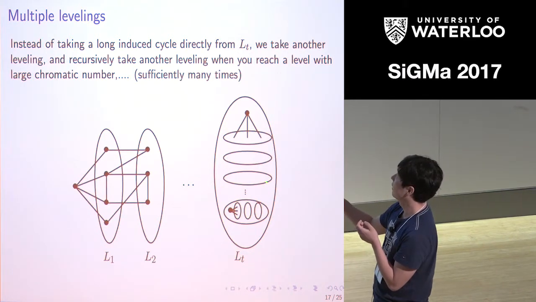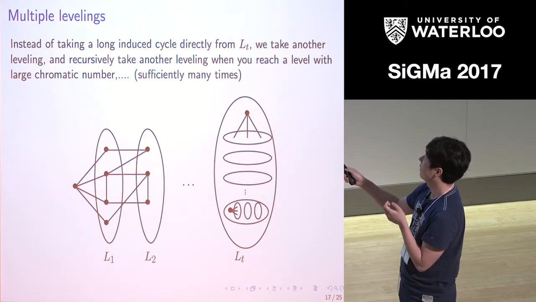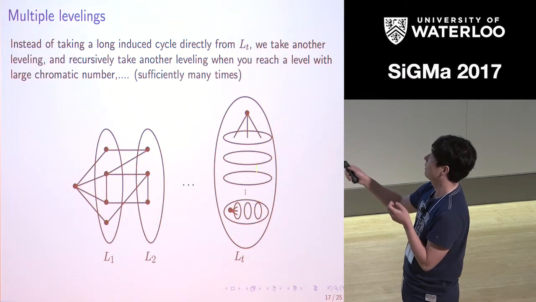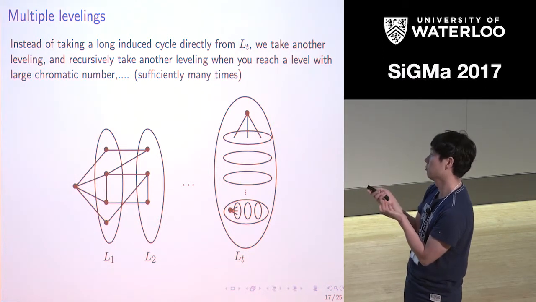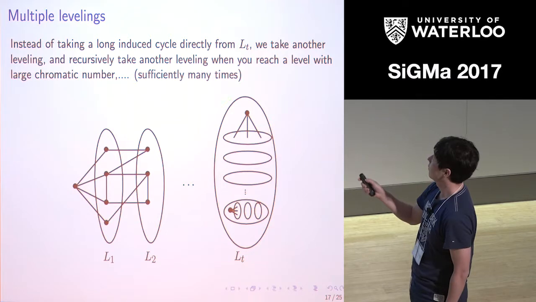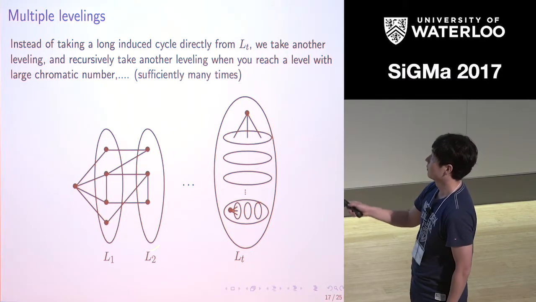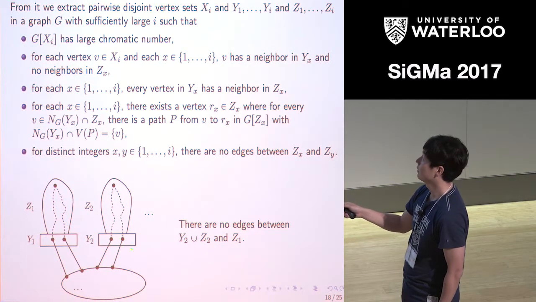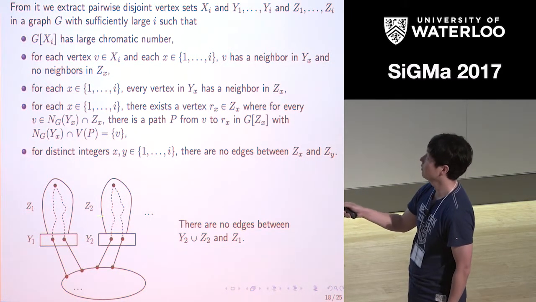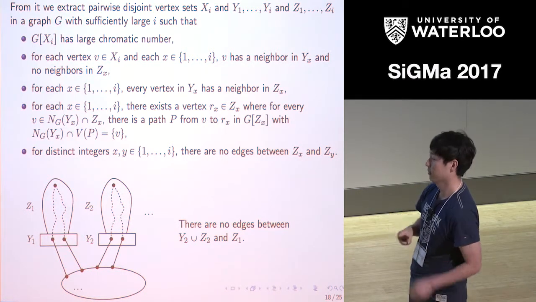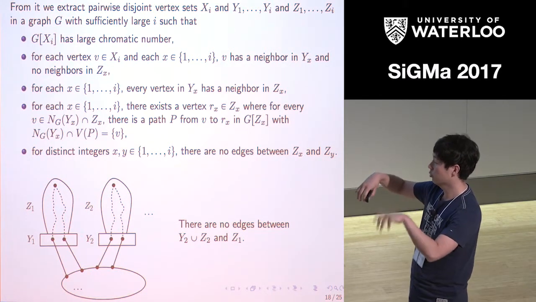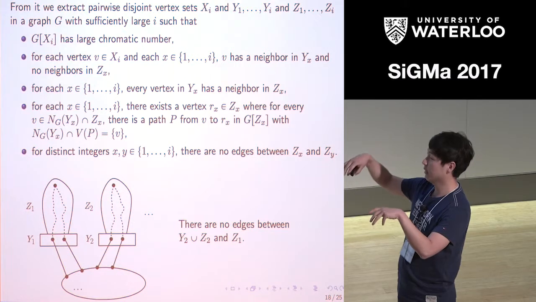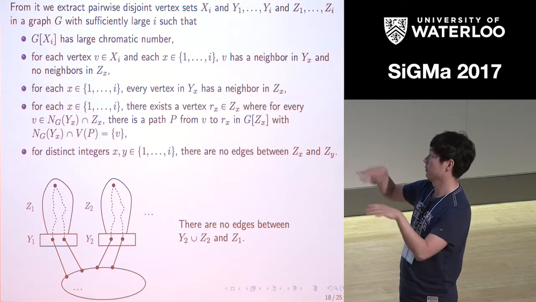In the next layer, the second layer will be y2, and all of the others are z2. You can easily observe that y2 union z2 will not have neighbors on z1, but may have neighbors on y1. But we want to find two sets yi and yj such that they have no neighbors on each other.